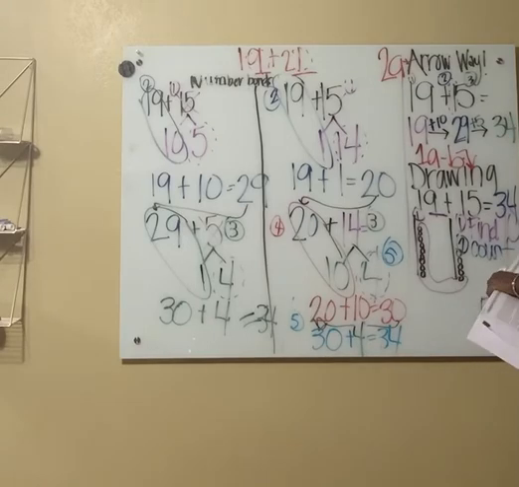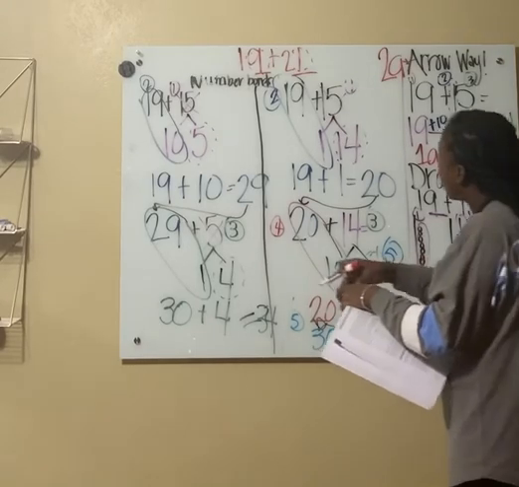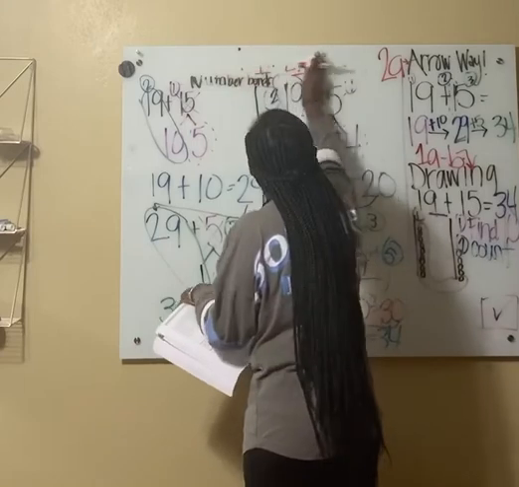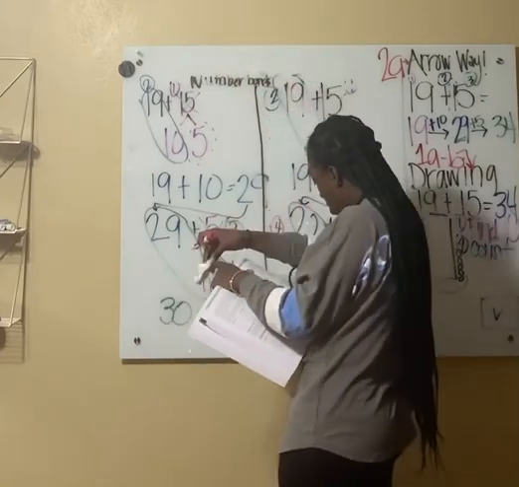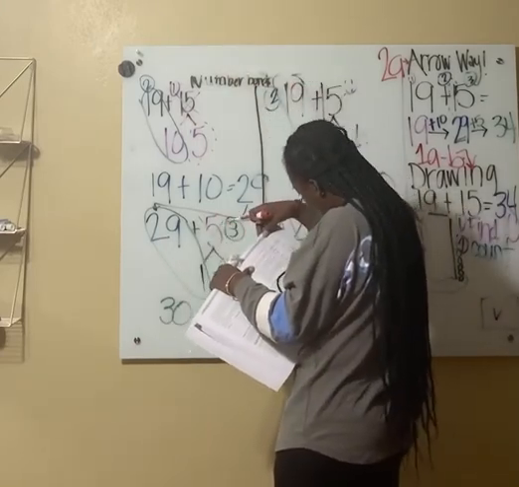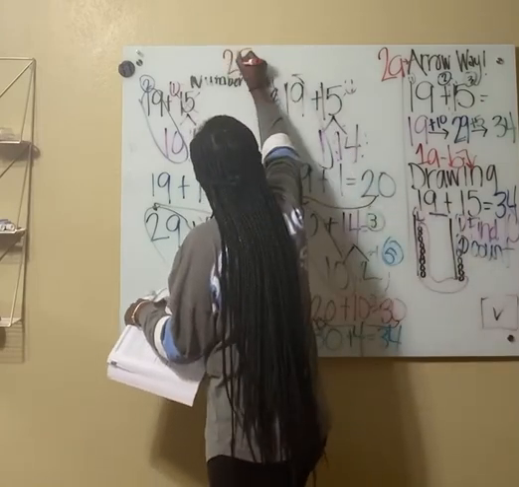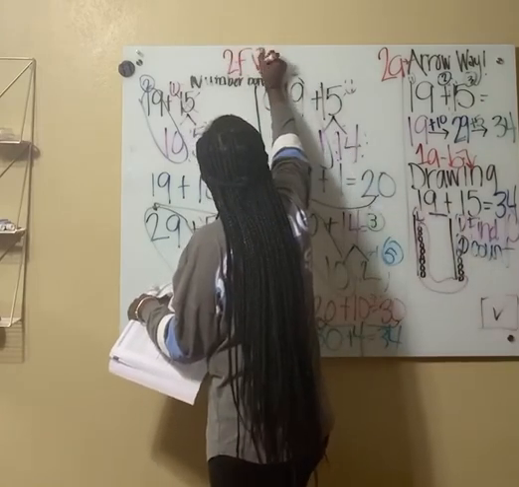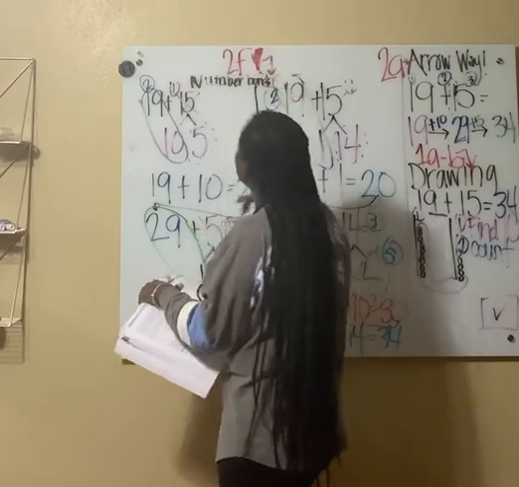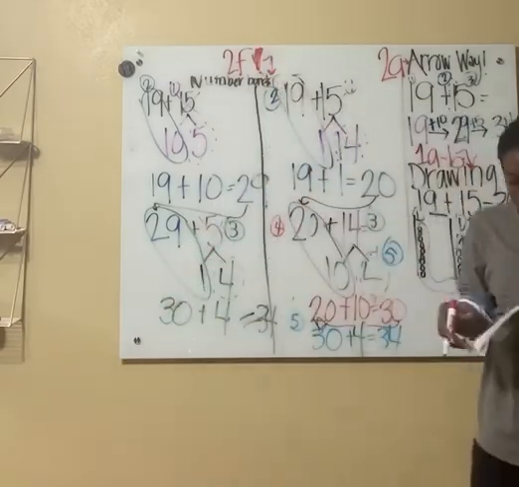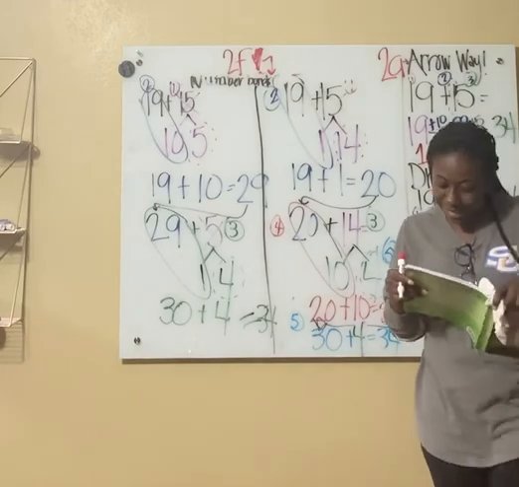I want you to pay attention. Pay close attention because I want this one broken down. It's 2F. 2F is important. That is going to be your challenging one to challenge you. 18 plus 18.